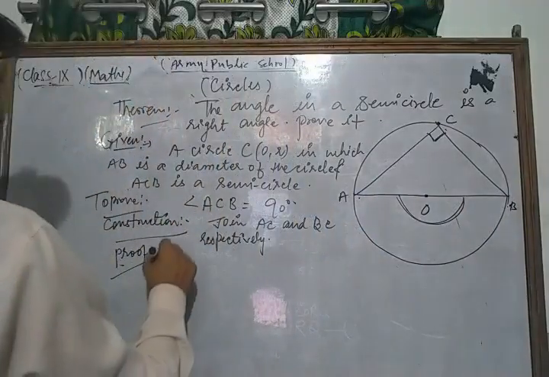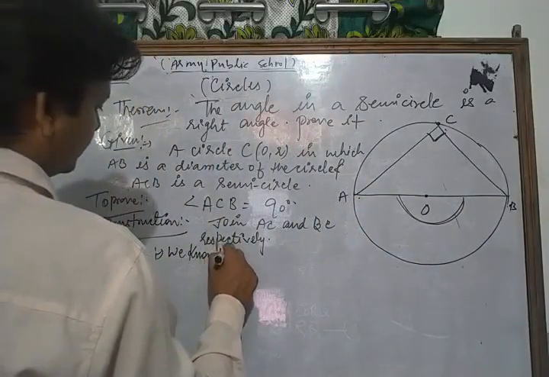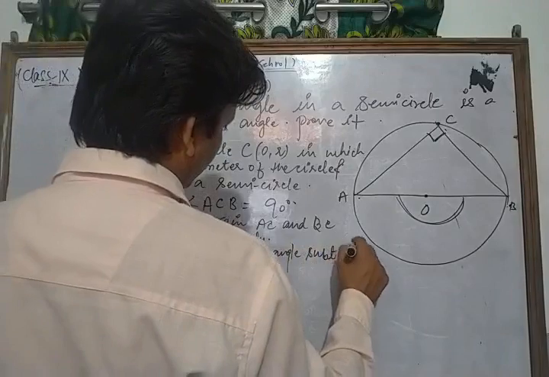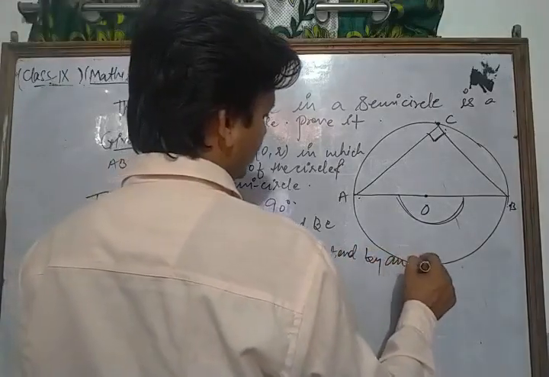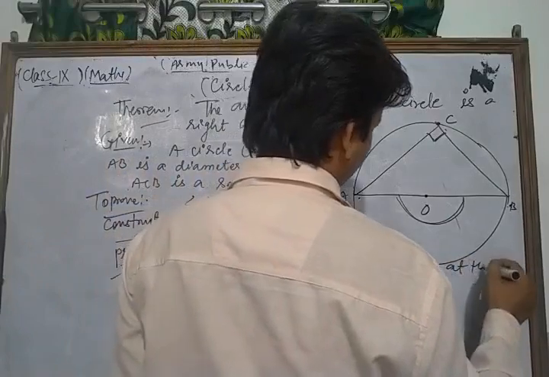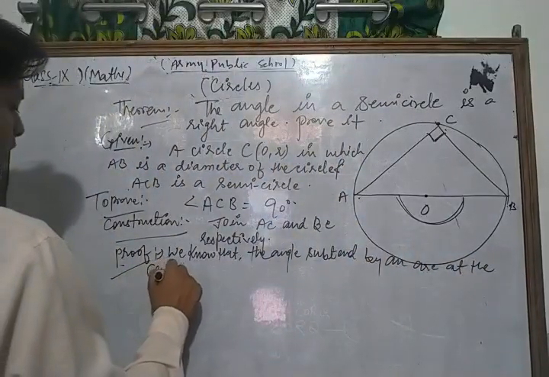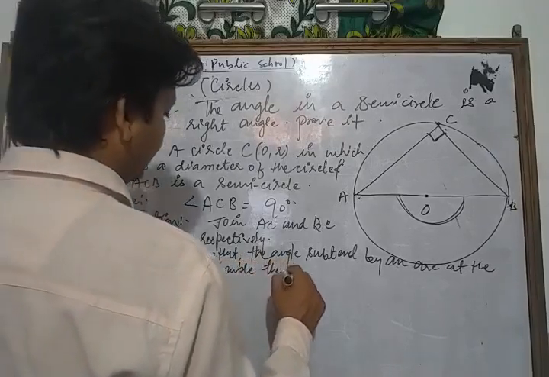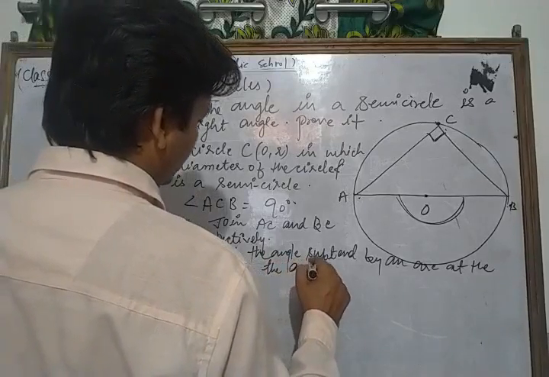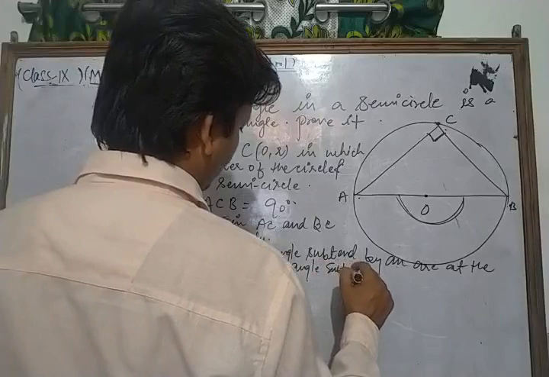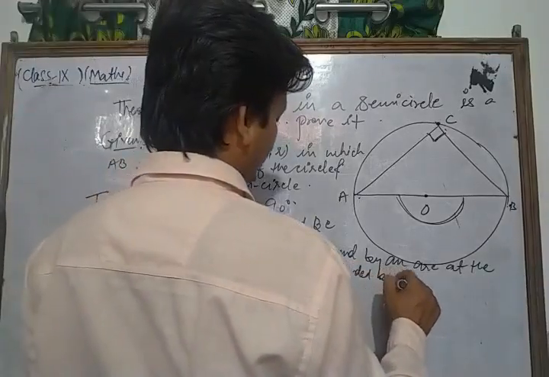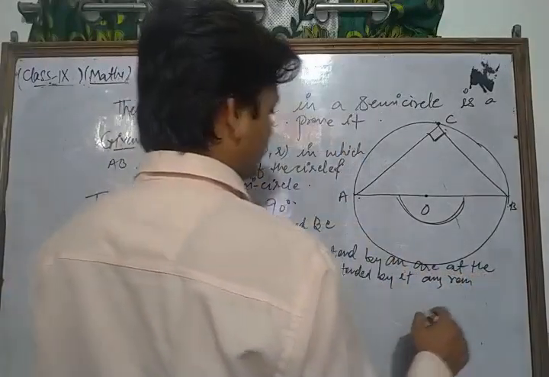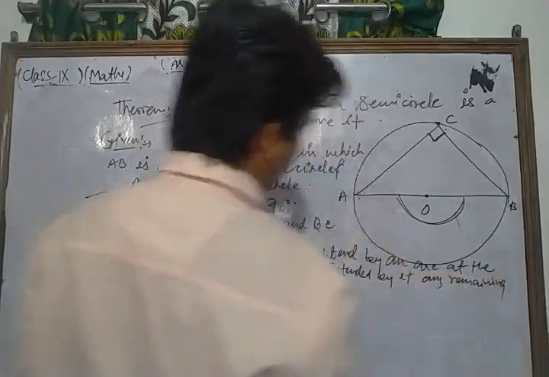So here we write, we know that the angle subtended by an arc at the center is double the angle subtended by it at any remaining part of the circle.